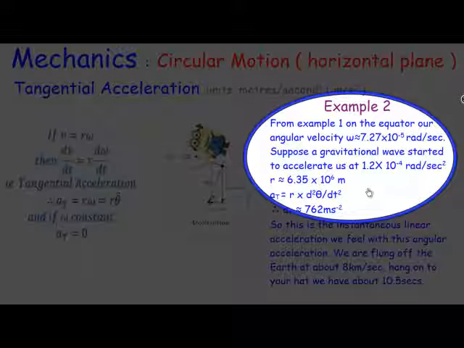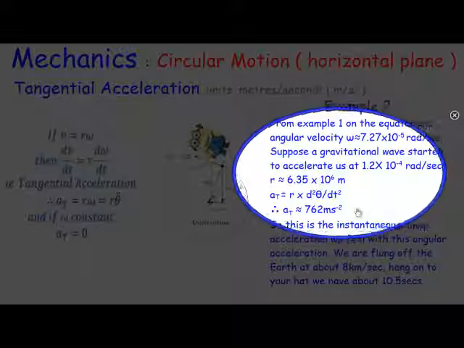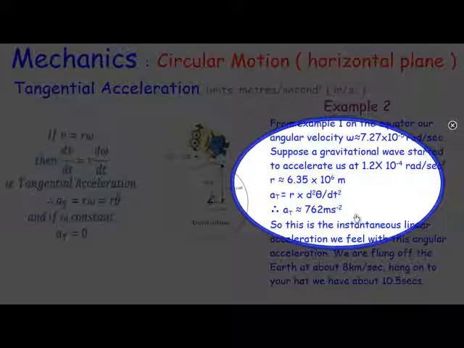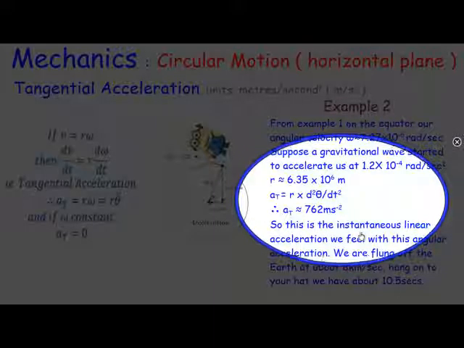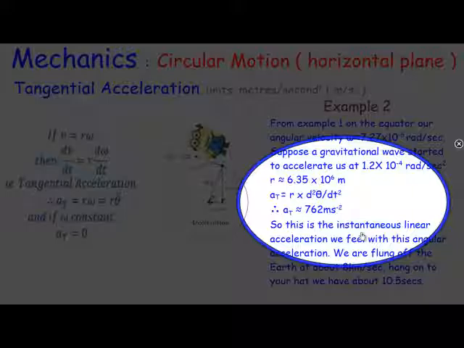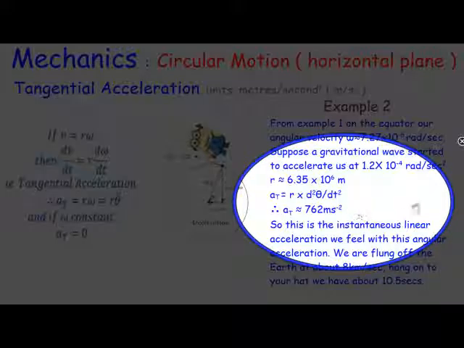Using the radius of the Earth at 6.35 times 10 to the 6 meters, you can see here that the tangential acceleration turns out to be r times that acceleration, which is about 762 meters per second squared, which is fairly rapid acceleration actually.